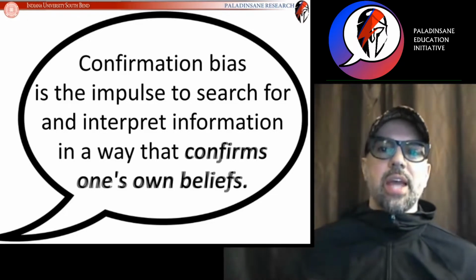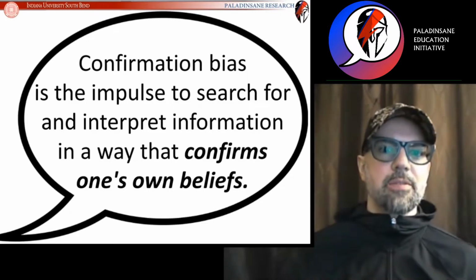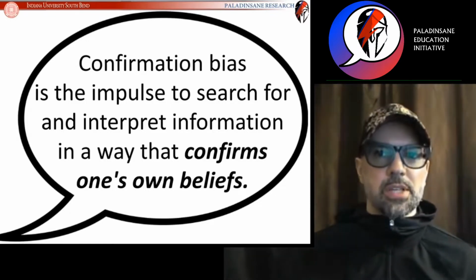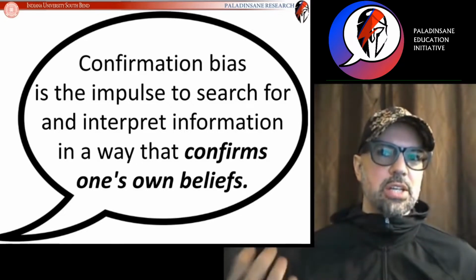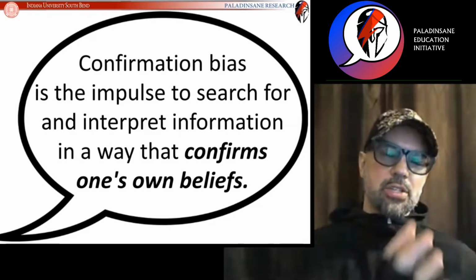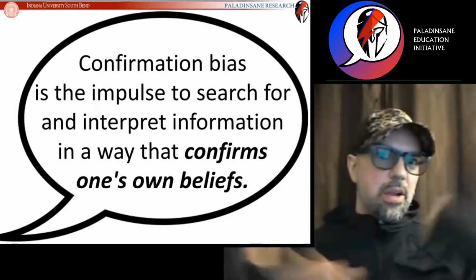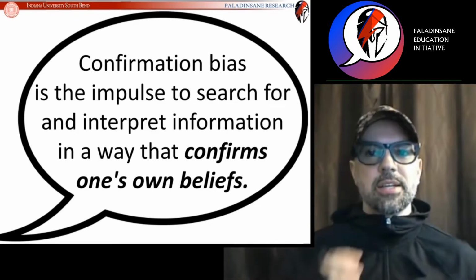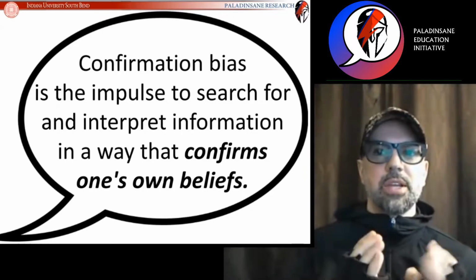So we tend to want to confirm our own beliefs. So we will search out information that confirms our own beliefs. And when we're given the same piece of information as somebody else, we will oftentimes interpret it in a way that confirms our own beliefs. So basically, there are mechanisms in our mind that protect and insulate our beliefs.